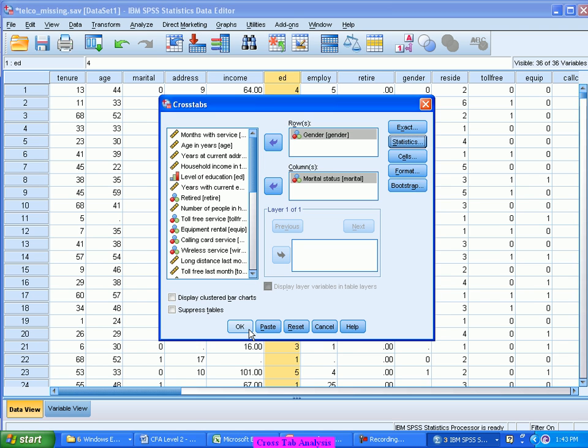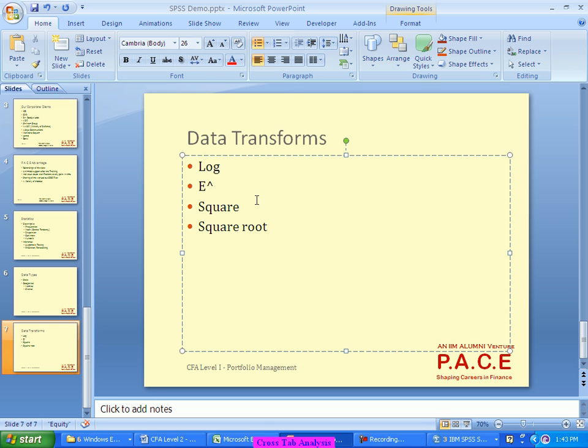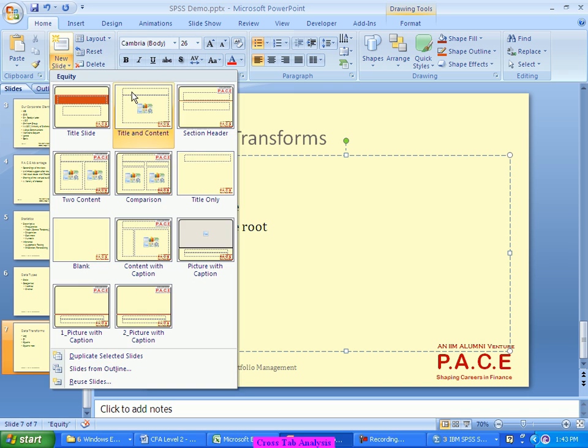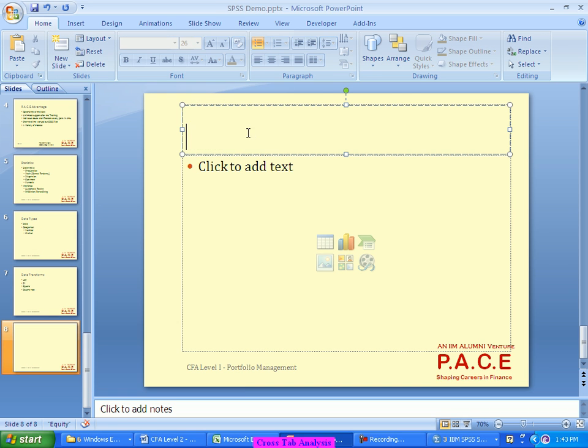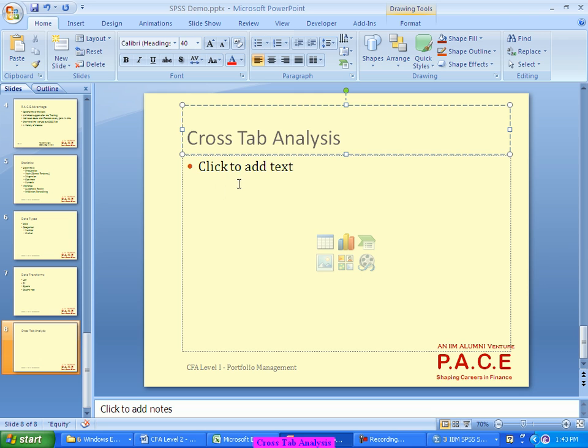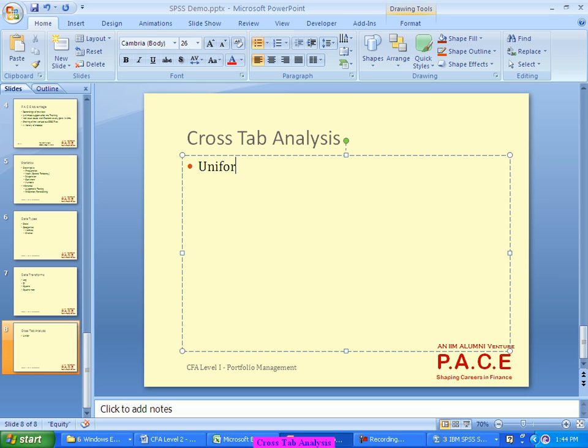Right, let me put it on the screen. We'll frame... so here my objective in case of crosstab analysis is uniformity in the distribution of the variables.